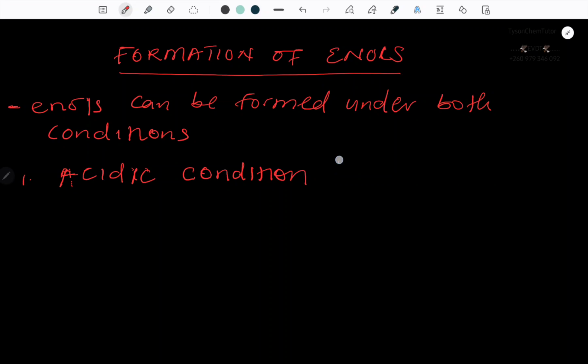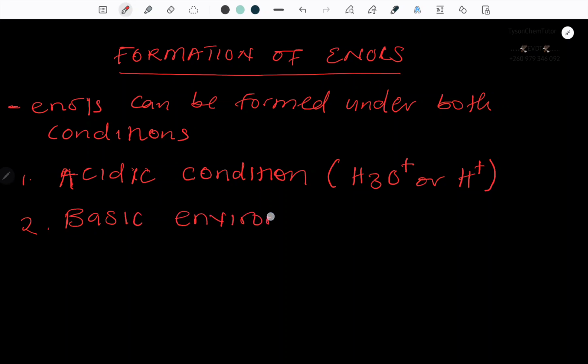This acidic condition can be denoted by H3O+, which is the same as H+. This means that it is an acidic environment, or acid as a catalyst. That's number 1. Number 2, basic condition.